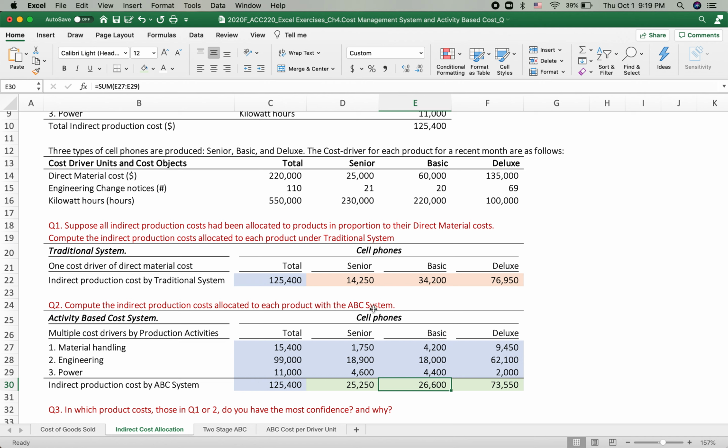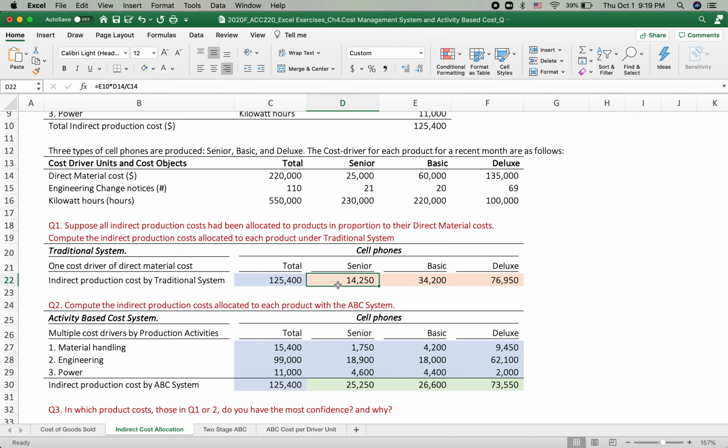So if we use this traditional system, what about the senior cell phone? Huge is different, right? If we use traditional system to identify indirect production cost, the senior cell phone allocates very low cost. We are given very wrong information.